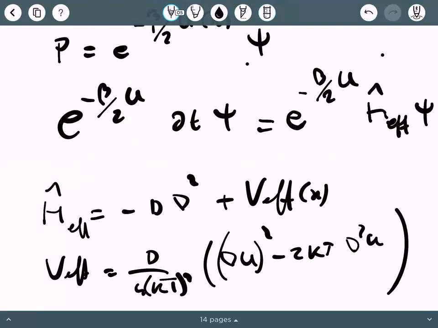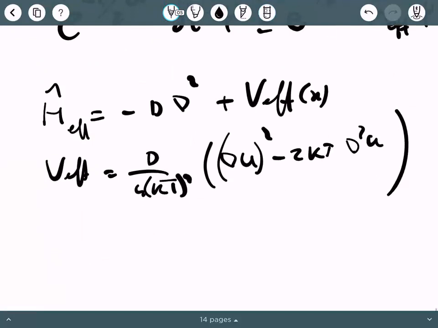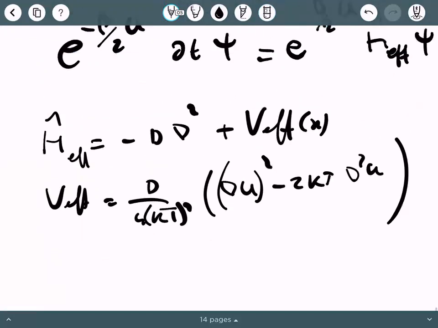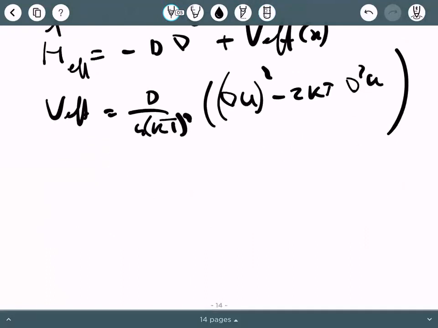Now I can do basically the same game that I did when I was deriving the Fokker-Planck equation. I can multiply on the right by e to the beta.